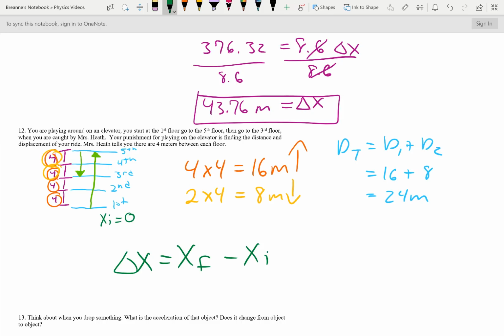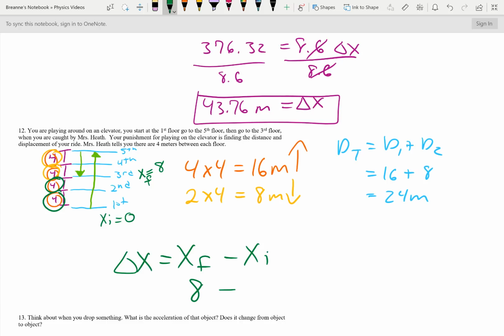Your final position would end up being 8. The reason is, think about it, you went up 1, 2 floors, because you're on the 3rd floor. So your final position will end up being 8.